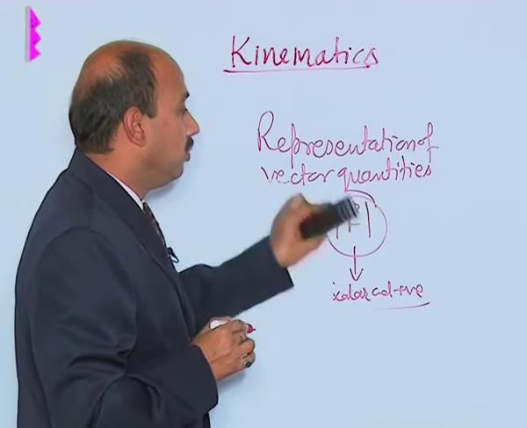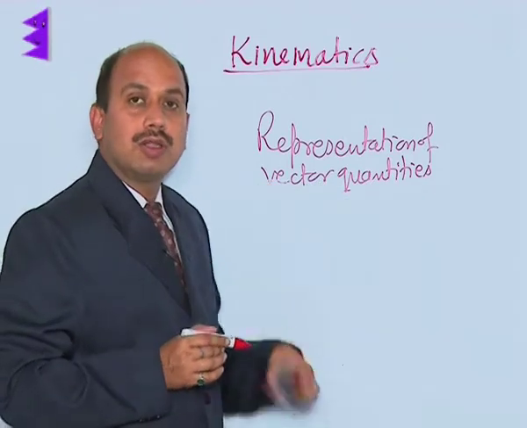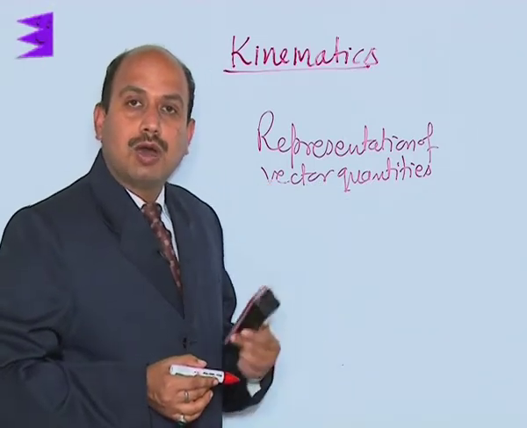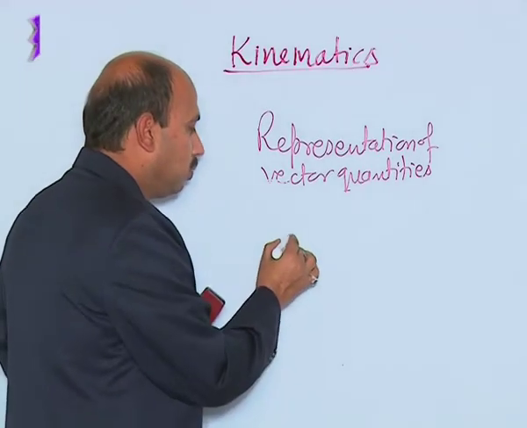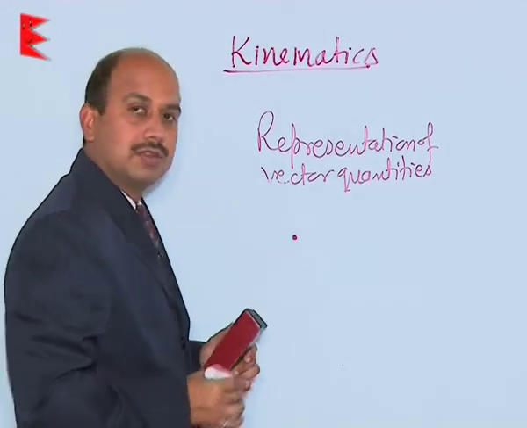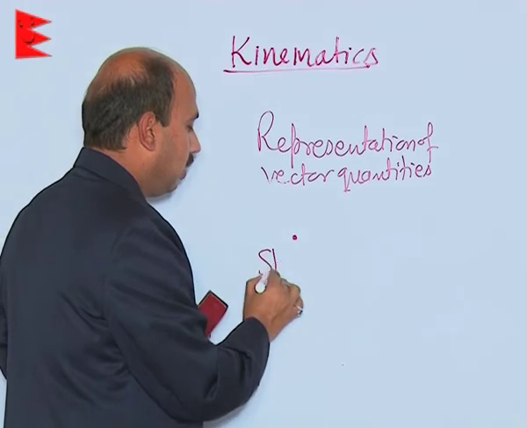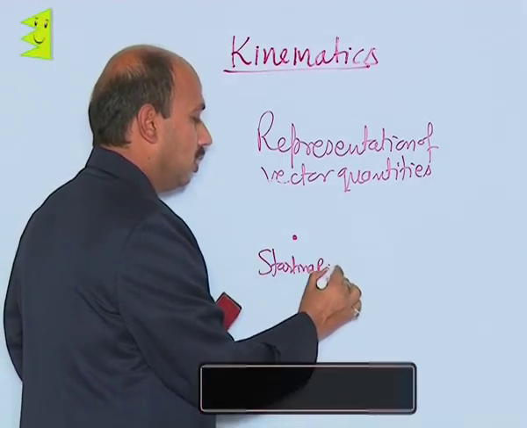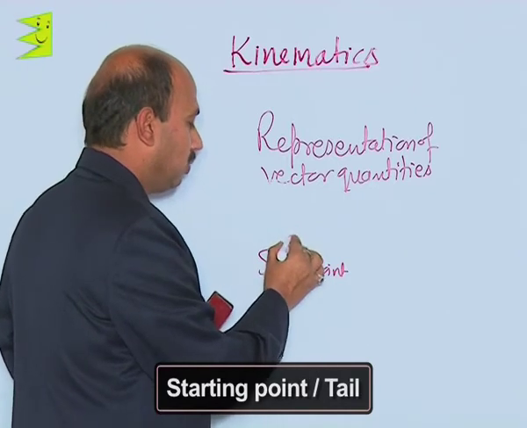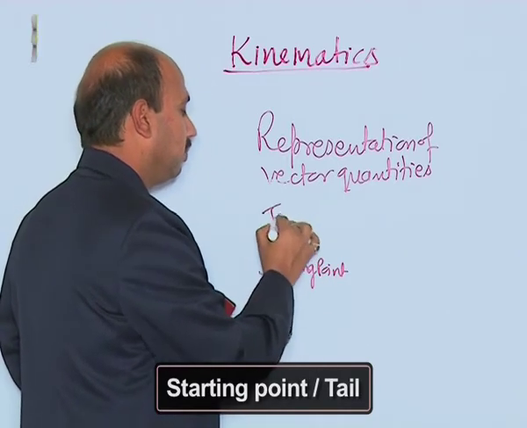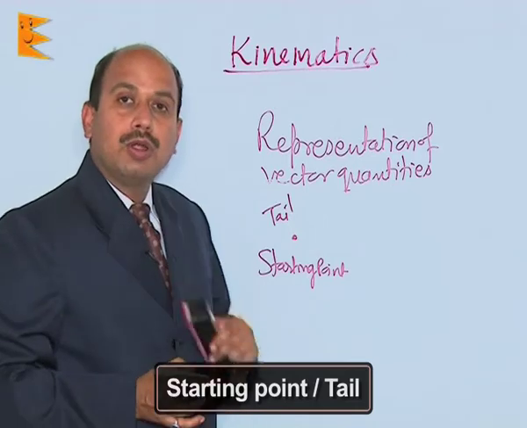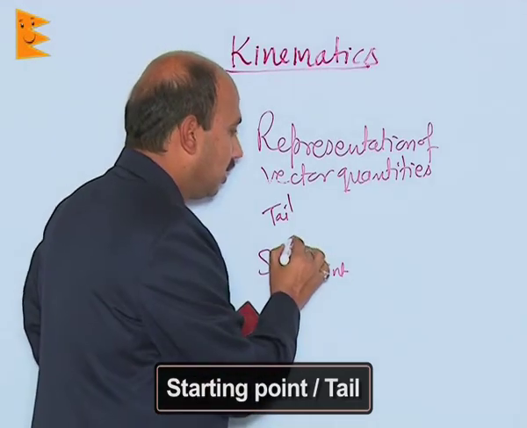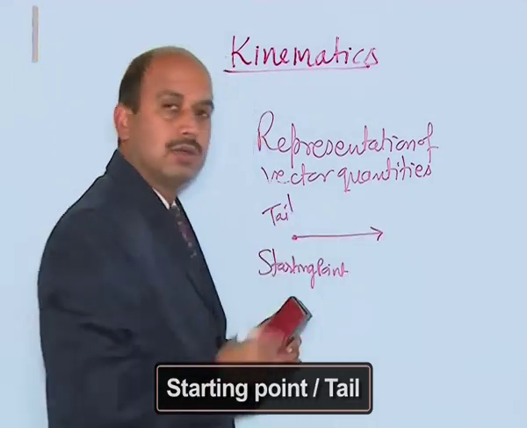Now, suppose you want to represent force or the length or displacement. So, how do we represent it? First we choose a point, that is called a starting point, or this can also be said to be the tail. According to the magnitude of the vector, draw a line segment.